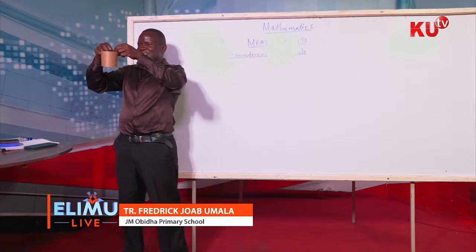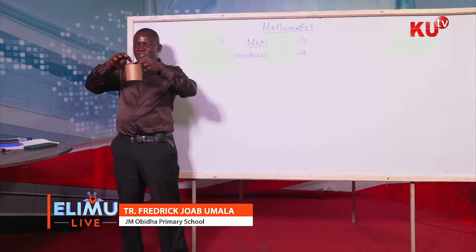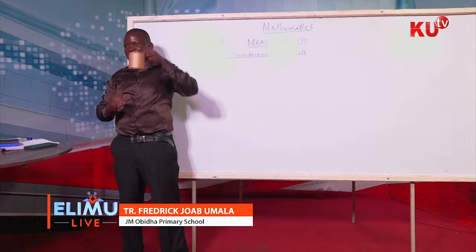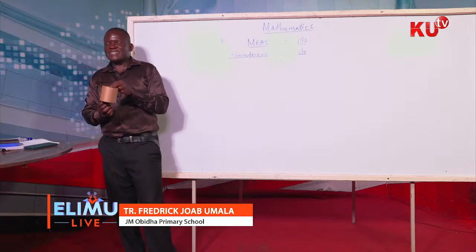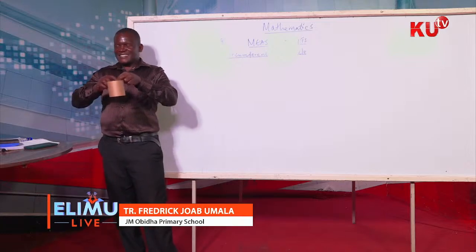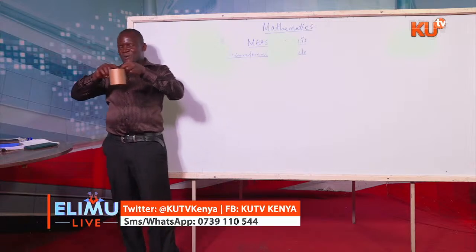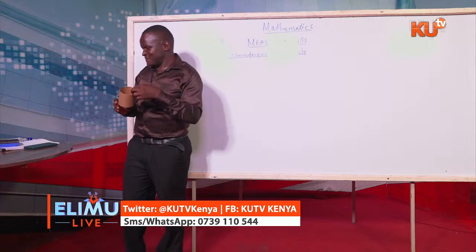So the top of the cylinder is circular and the bottom part of the cylinder is circular. And that is the reason why we defined the circumference as the distance around a circle or the length around that curved part.